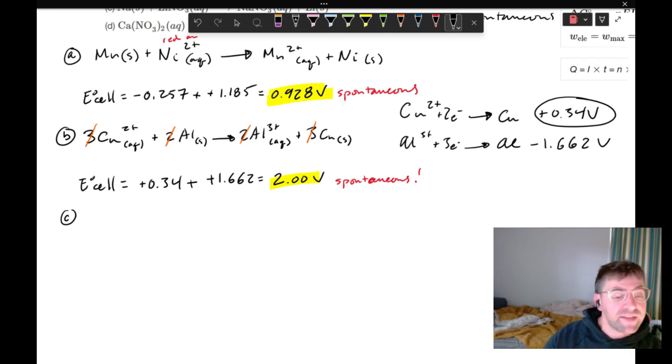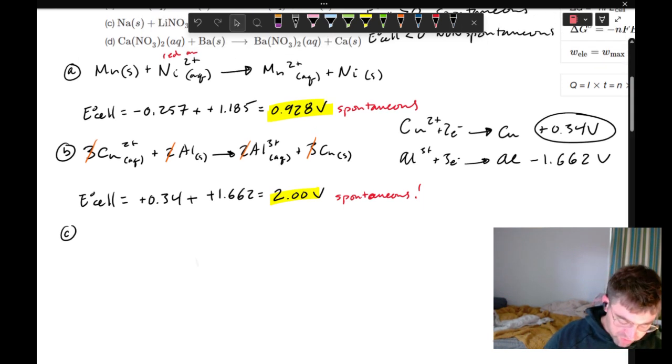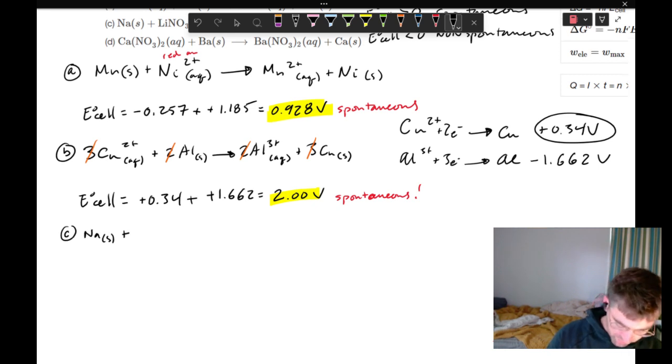All right. C gets a little bit more tricky. So I'm going to rewrite it down here. We have solid sodium plus lithium nitrate aqueous. I actually don't need those parentheses because it's just one nitrate, but I'm going to leave the parentheses there so that we can see how these ionic species are interacting with each other.